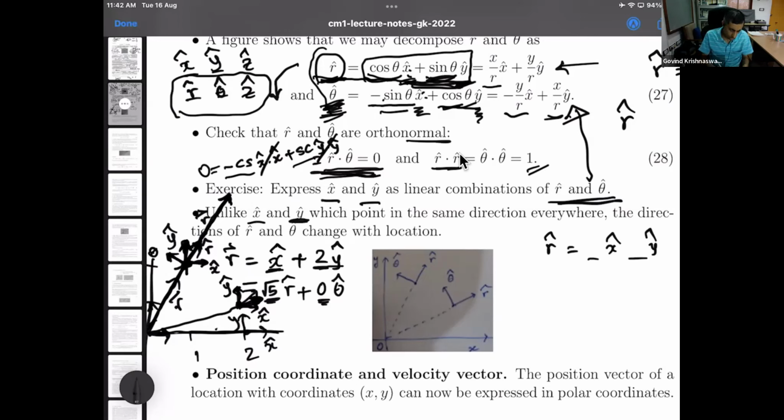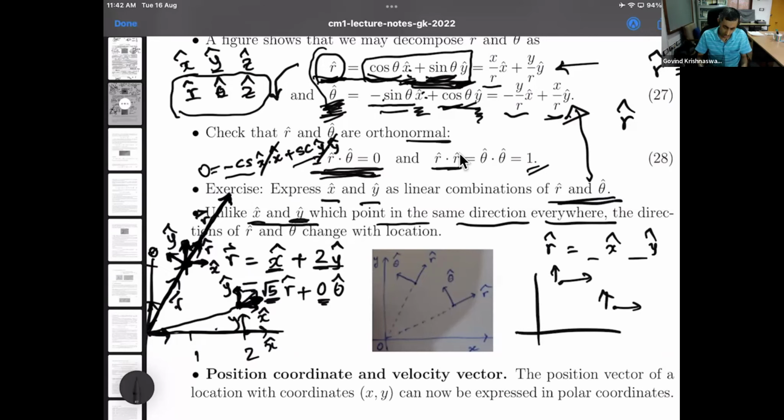So please observe carefully. Unlike x hat and y hat, which point in the same direction everywhere, no matter where I am located, x hat always points towards the east, and similarly, y hat always points towards the north. On the other hand, r hat and theta hat change direction with location.